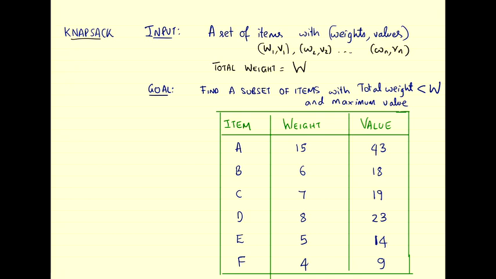Your weight is the amount it costs to run an ad, and your value is the number of people you reach. If you have a budget and want to reach the maximum number of people within that budget, that's the knapsack problem. In any budgeted problem where you want to maximize some value given a budget, whether money or processor speed or whatever it is, this kind of problem shows up. It's going to show up everywhere.